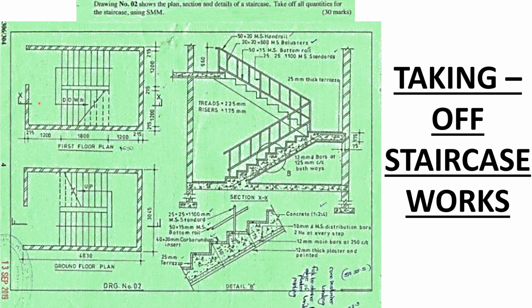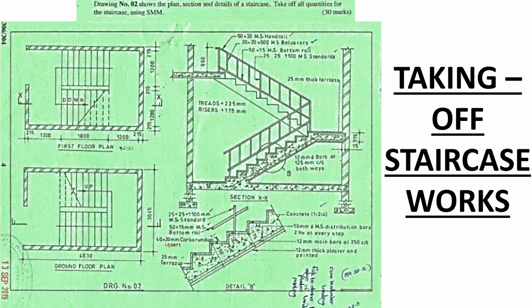This section is section X. Section X is this section XX here. So in section X, we can see that at the landing, the thickness of the concrete is 175. Then we have this detail here. This detail is called B, and when it is made bigger, we can see we have 25 millimeters terrazzo on the staircase.